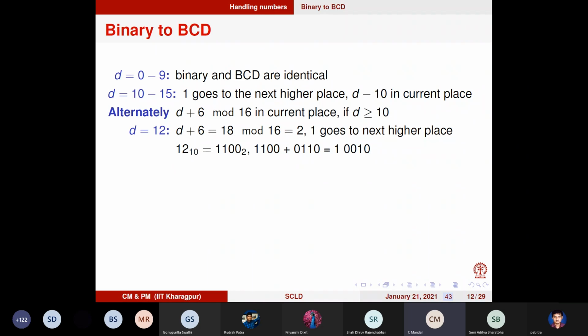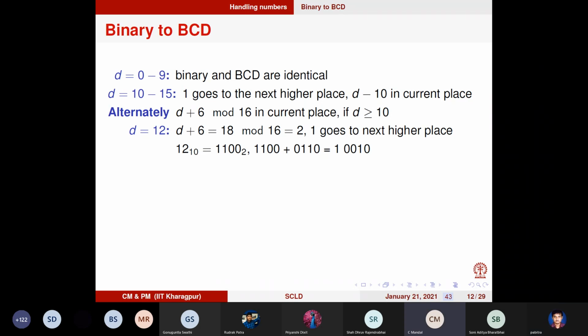And you have a carry which goes to the next higher place of the BCD. Exactly. He is in some sense correct, because if the mod is 2 to the power something, it is easier. We don't want to take mod 10. Mod 16 is easier to take.